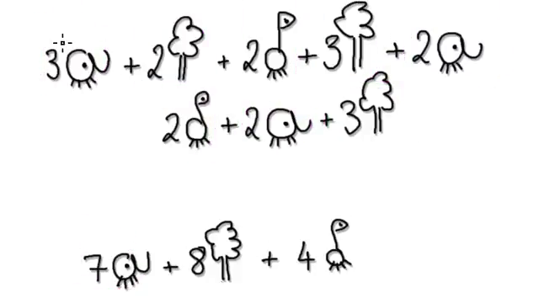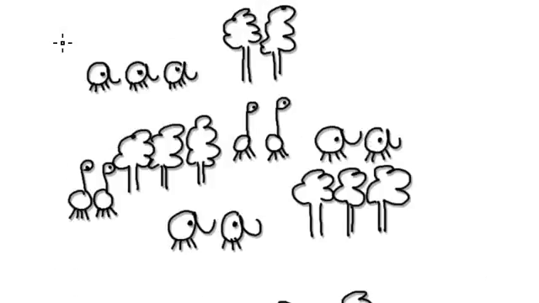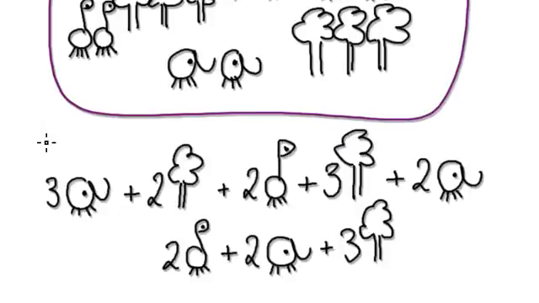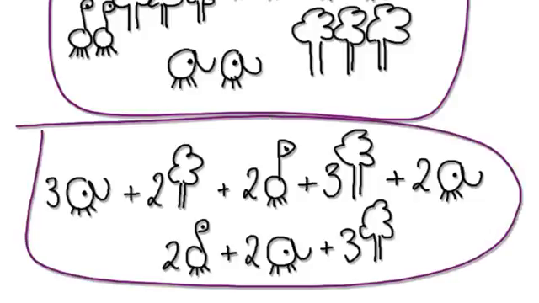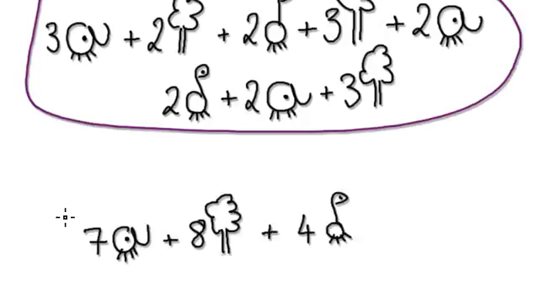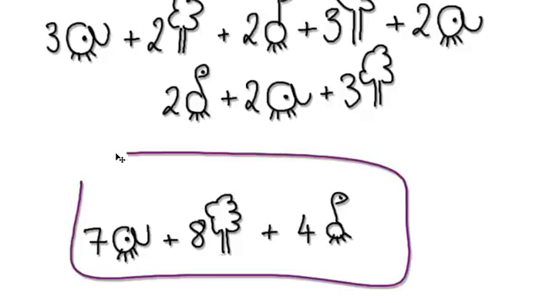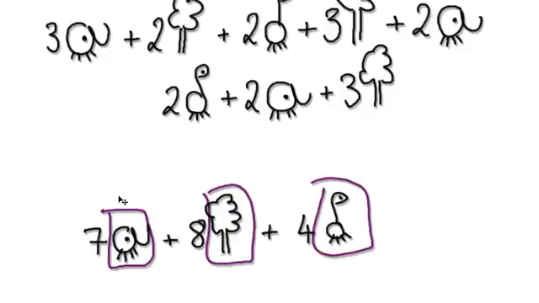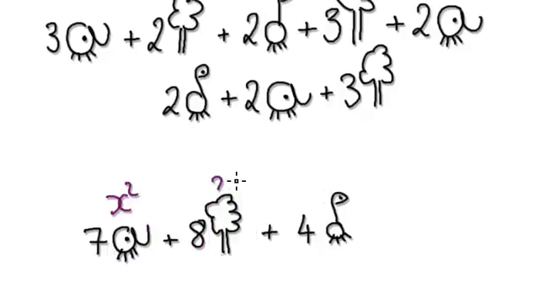So you would start out with something complicated like this, and then you tidy it up to something like this, and then you can tidy up even more to something like this. Now you can't simplify any further, because an elephant is different from a tree, and a tree is different from a giraffe. That's like you having x squared here, x, and then x to the power of 5.